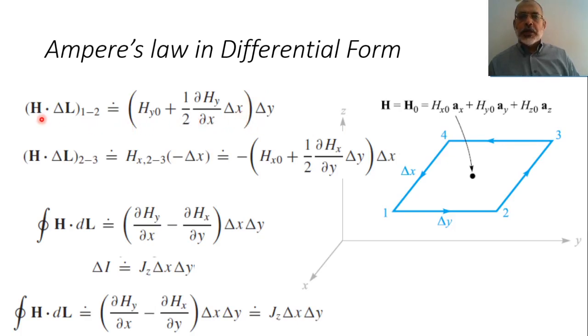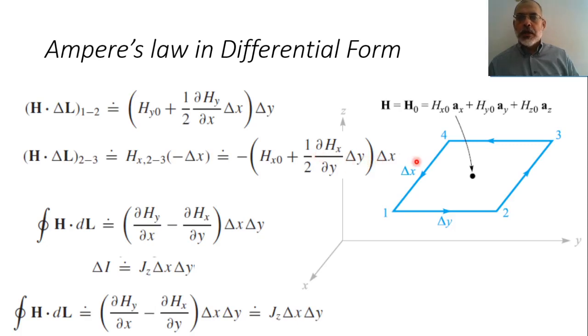So the integration of H dot dl from 1 to 2 plus from 3 to 4, its combination would introduce the derivative of Hy with respect to x multiplied by delta x multiplied by delta y.